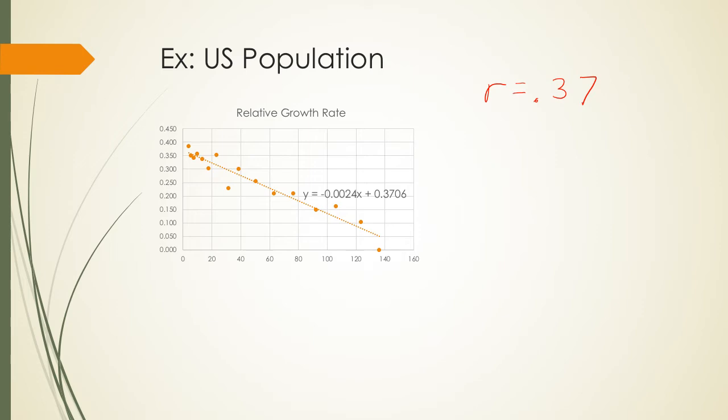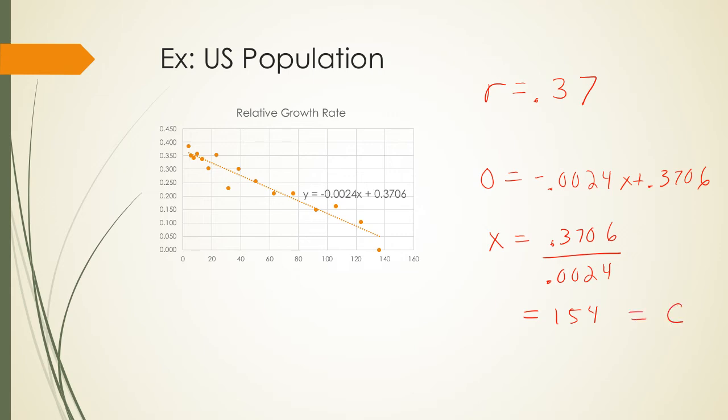We can also solve for the x-intercept by setting y equal to 0. So we get that x is equal to 0.3706 divided by 0.0024, which is equal to 154.